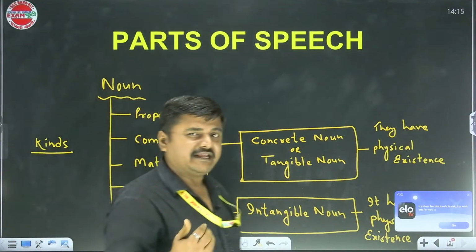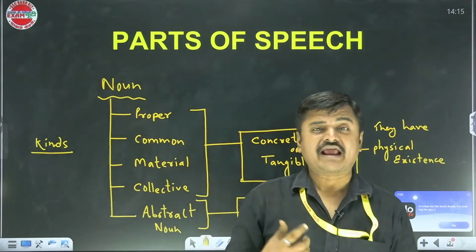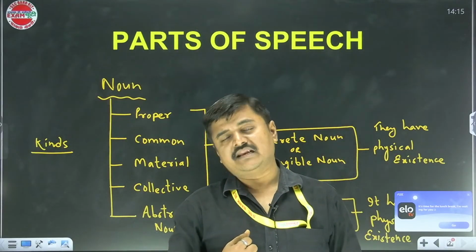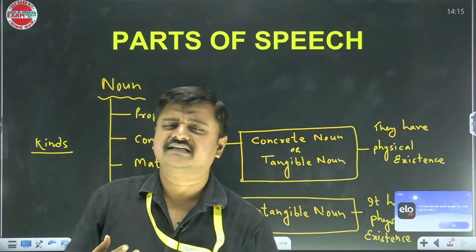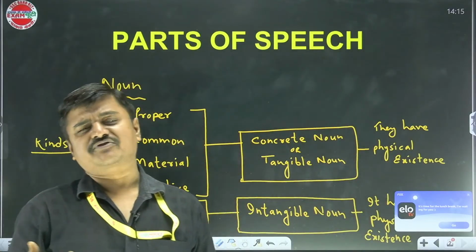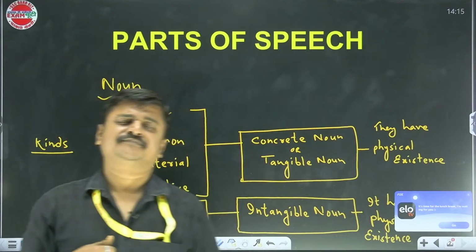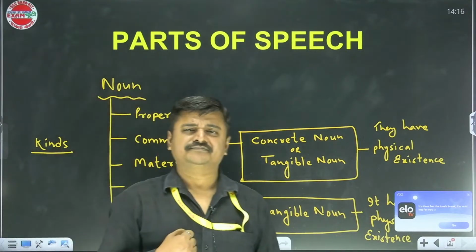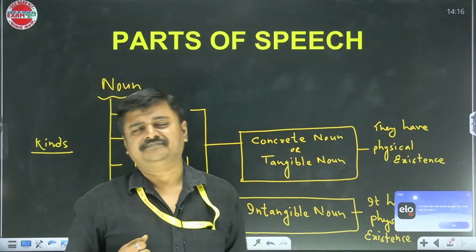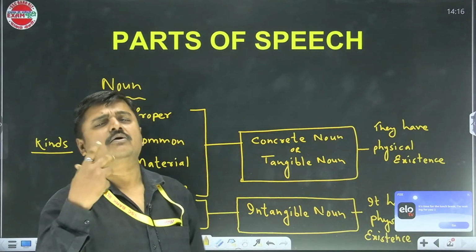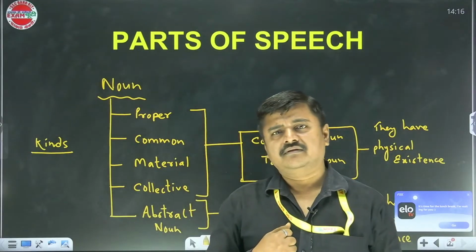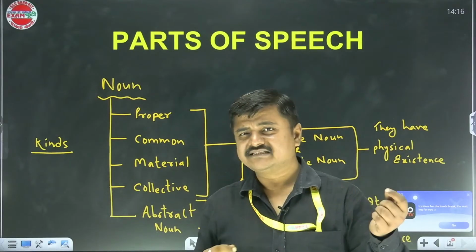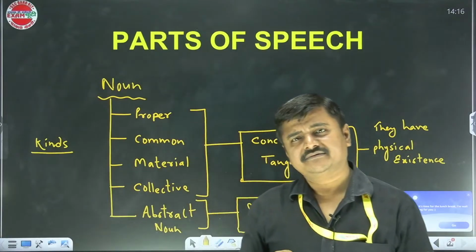But take some examples from abstract noun. We all know some of the most famous examples of abstract noun like knowledge, courage, love, hate. Let's talk about knowledge. Does knowledge have a certain length?